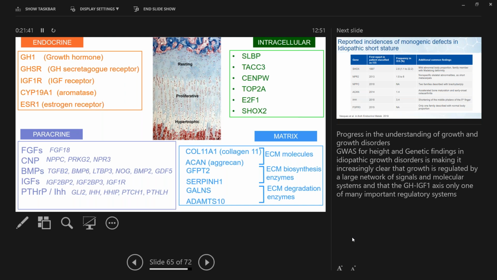So I think that just points to the same large network of genes that we can find in skeletal dysplasias are also important to regulate normal variation of height and therefore also probably what's in between the polygenic short stature.